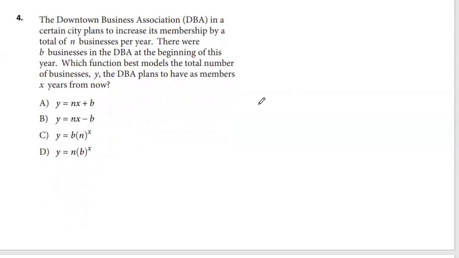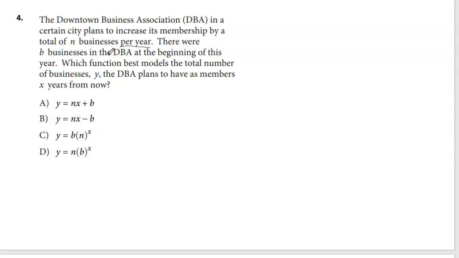Now we'll go to the next. It says a downtown business association in a certain city plans to increase its membership by a total of N businesses per year. N businesses per year.